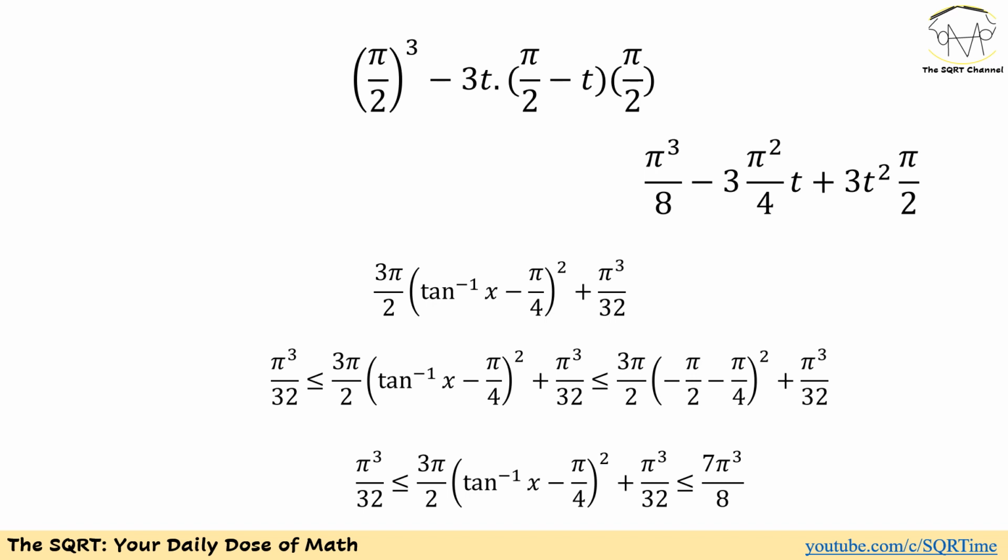Now remember, in the original problem we had the expression equals k pi cube. So k here is going to be between 1 over 32 and 7 over 8, and that's our final answer.